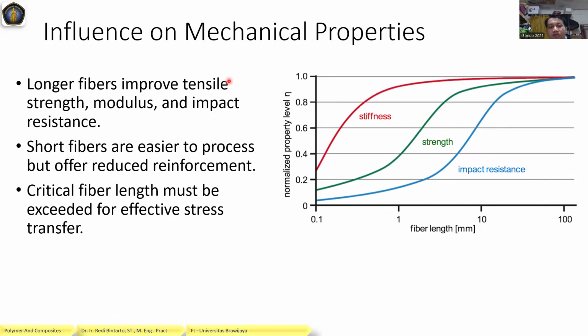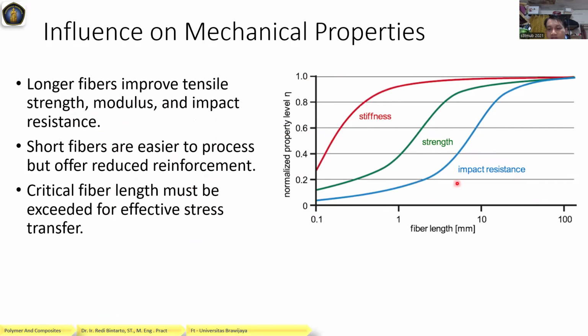In mechanical properties, long fiber improves tensile strength, modulus, and impact resistance. Short fiber is easier to process but offers reduced fiber reinforcement, and the critical fiber length must be exceeded for effective stress transfer.